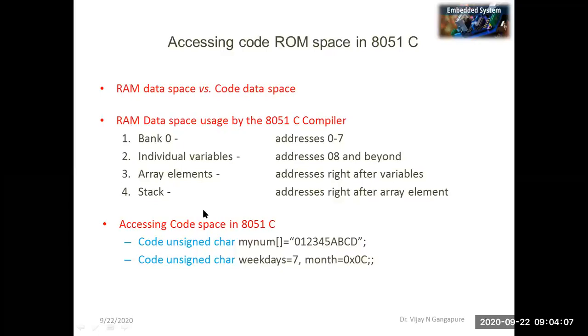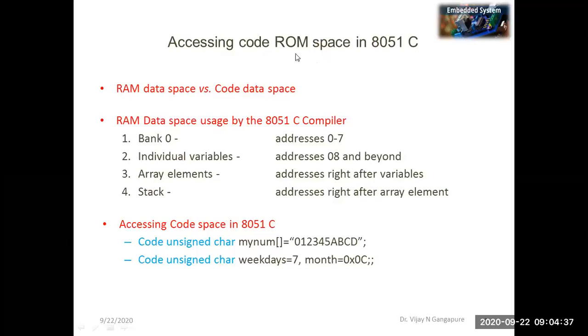Okay, now the main point of our discussion is how to access code ROM space, that is program ROM or simply ROM. Normally this on-chip ROM space in 8051 is used to store a code or program, isn't it? So your central processing unit inside your 8051 by default accesses that program and executes it.